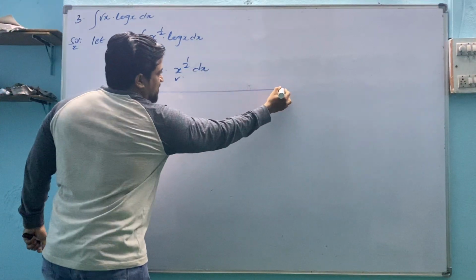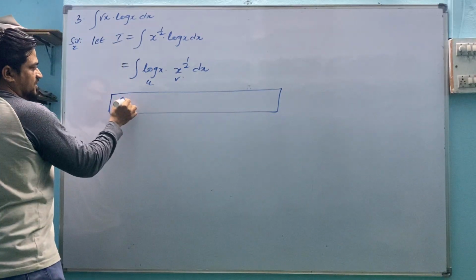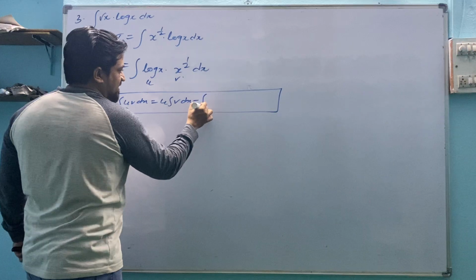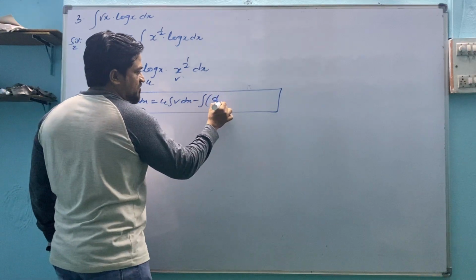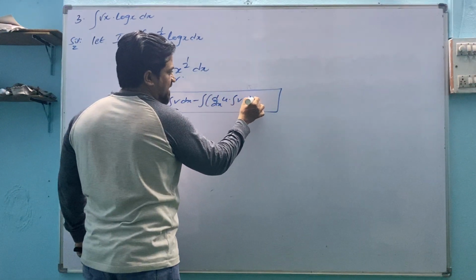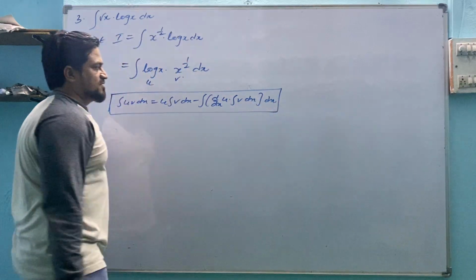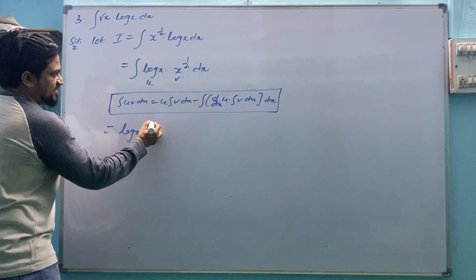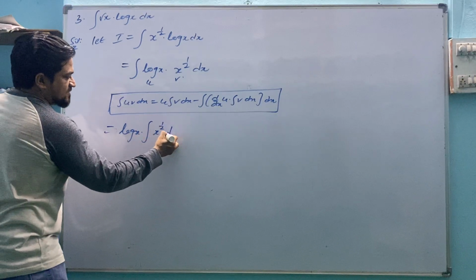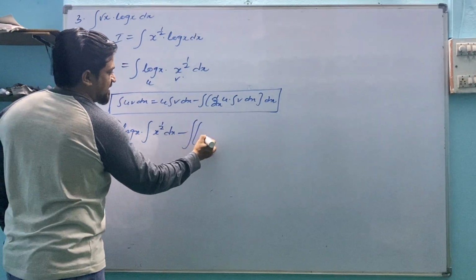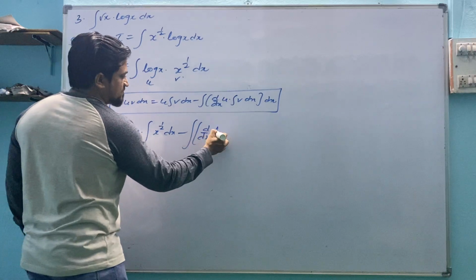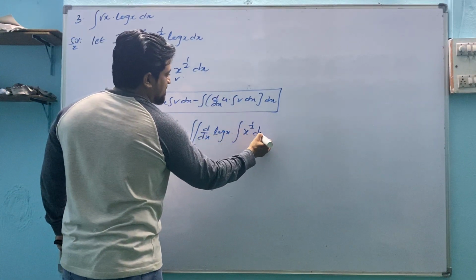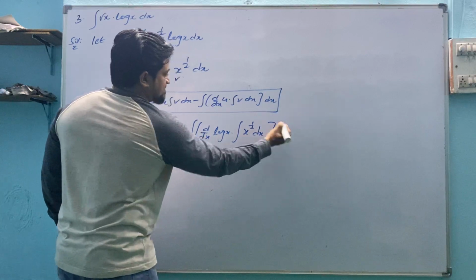Then a box with the formula: integral u v dx, u integral v dx minus integral bracket d by dx of u into integral v dx bracket close dx. So this one u as it is, integral v dx minus integral bracket d by dx of u into integral v bracket close dx.